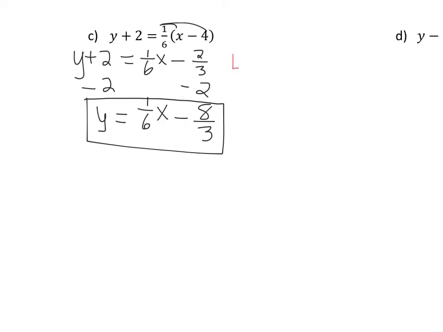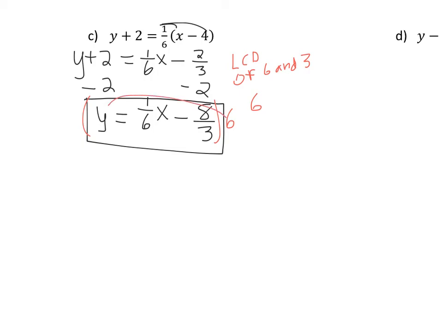So really, if I want the LCD, least common denominator, of 6 and 3. And remember, least common denominator is the same as least common multiple, just specifically for denominators of fractions. So I know that the least common denominator is 6 because they both go into 6. So I'm going to multiply this entire equation by 6.